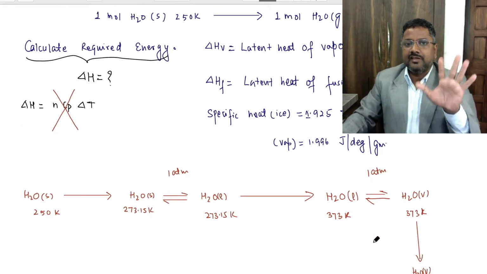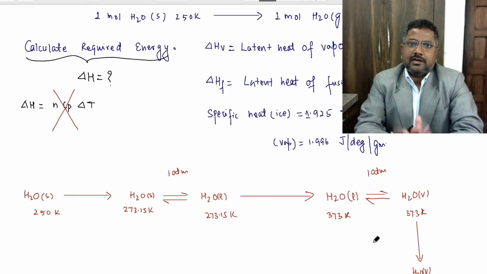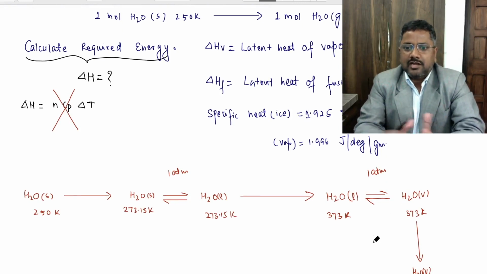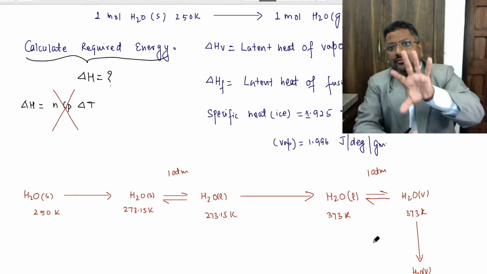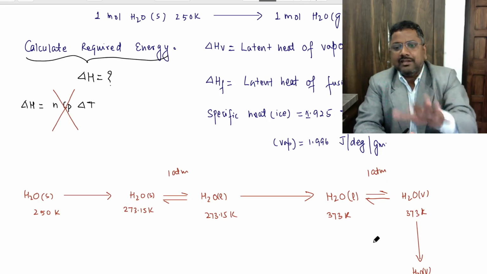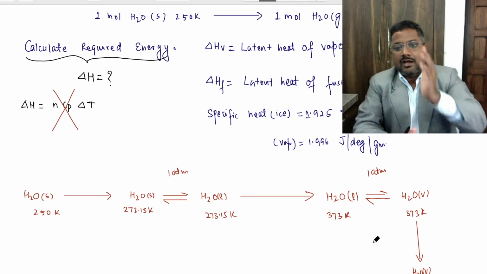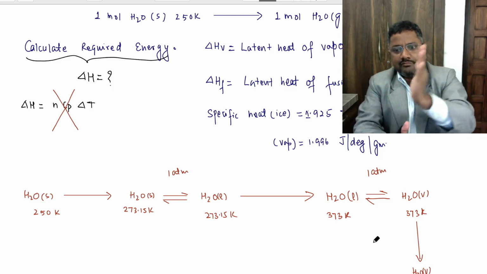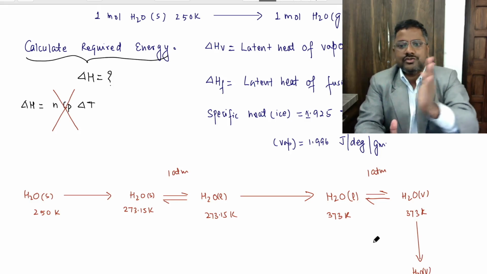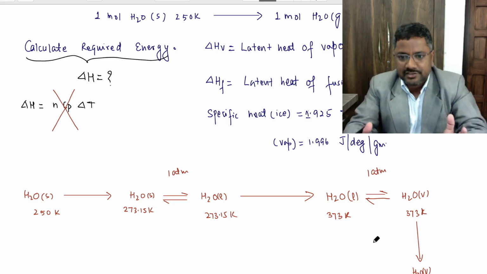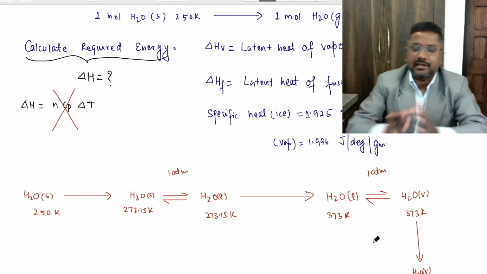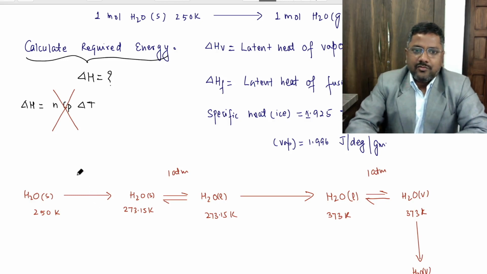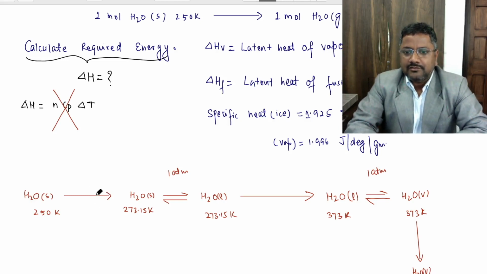Every time you deal with chemistry or thermodynamics problems, you have to think scientifically about what is happening inside the beaker and the system, and accordingly you can break those processes into thermodynamic steps, and then you can calculate. Now for this step you have a different formula to calculate delta H. For this step you have a different formula to calculate delta H.